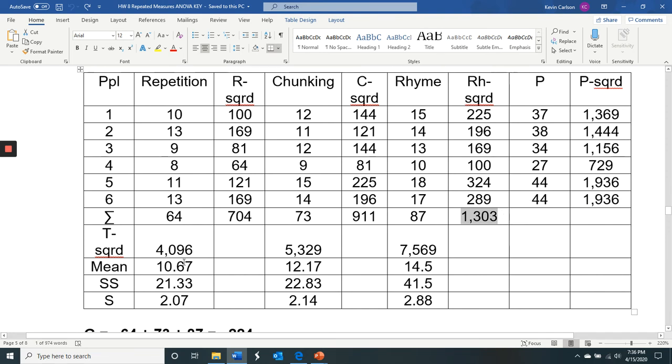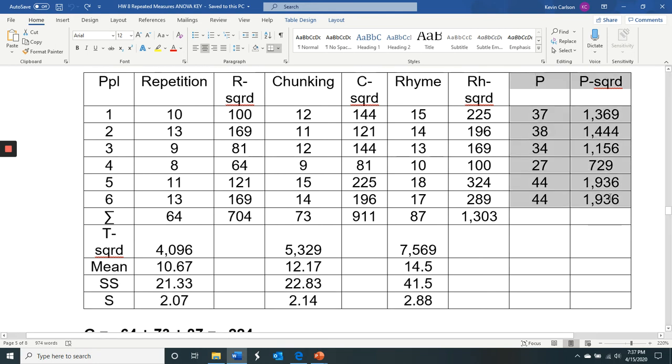The only other steps, the old steps, are that we need to find the mean. So you take the T, divide it by 6, and you get these means. And then for the sum of squares and standard deviation, you put the raw scores in from each of the columns, and from the analog calculator, you find the sum of squares and the standard deviation.